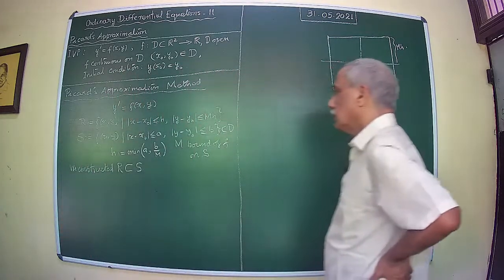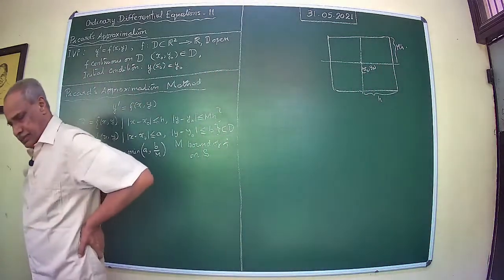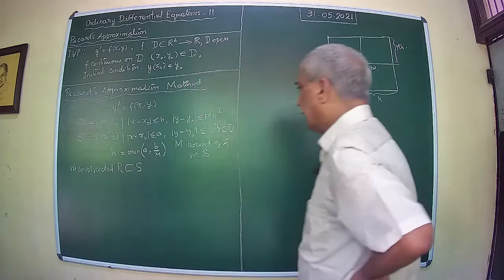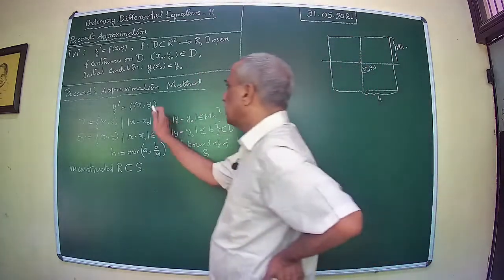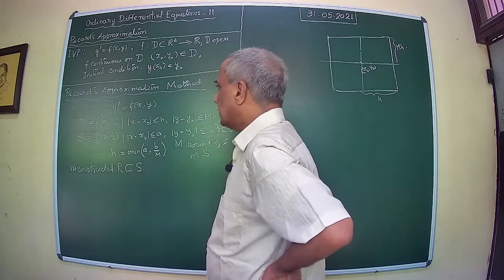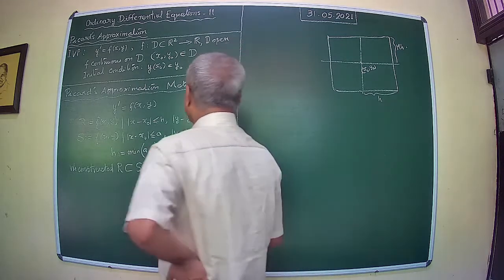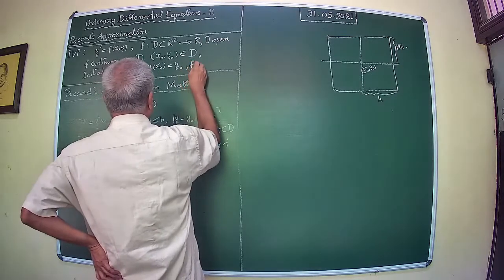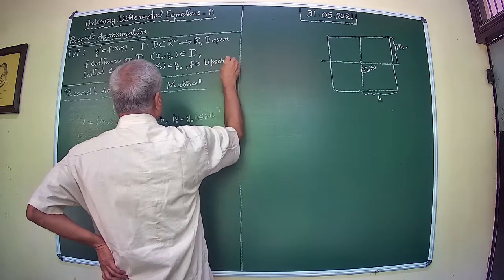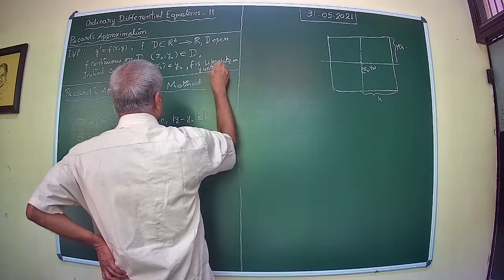So we constructed R. Now we are going to prove that there exists a unique solution of the initial value problem on the interval x0 minus h to x0 plus h, provided f satisfies the Lipschitz condition. So let me assume f is Lipschitz with constant k.